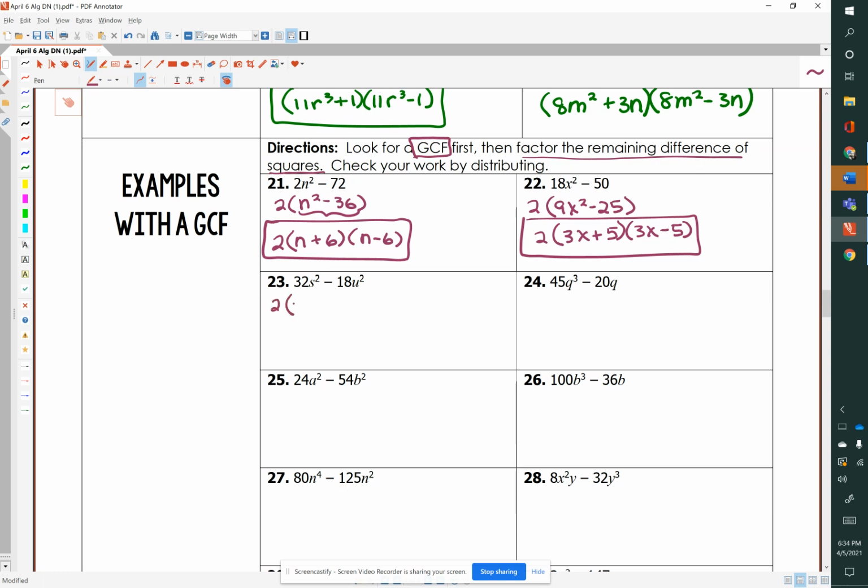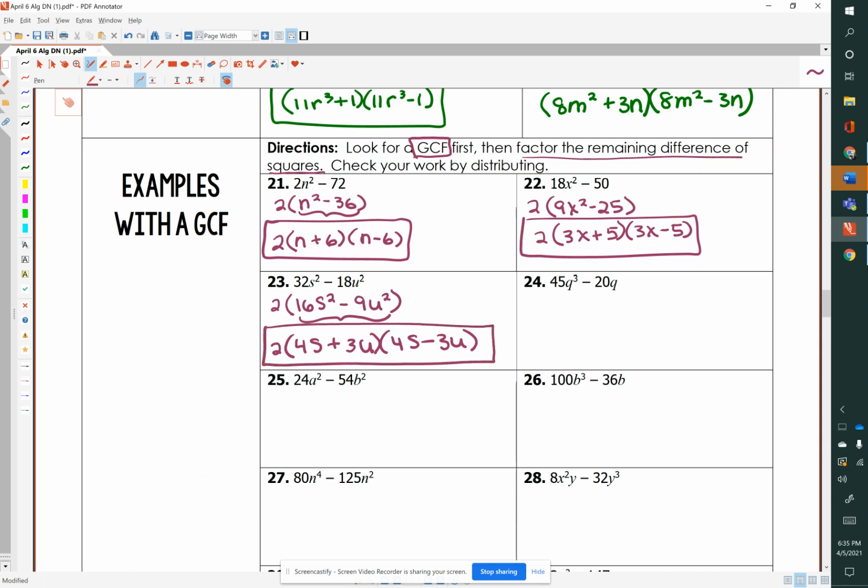That would leave us with 32 divided by 2 is 16, and we still have s squared minus 9u squared, and this is a difference of squares, so that works for us. So 16s squared, that would be 4s plus 3u, not 9u, and multiplied by 4s minus 3u.